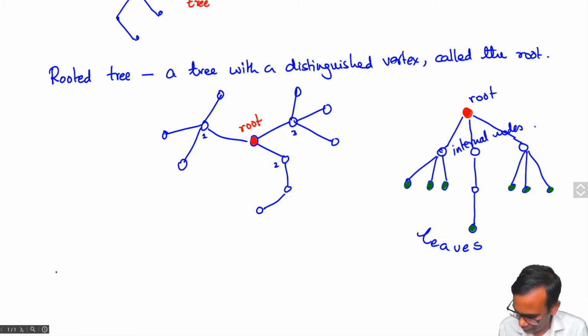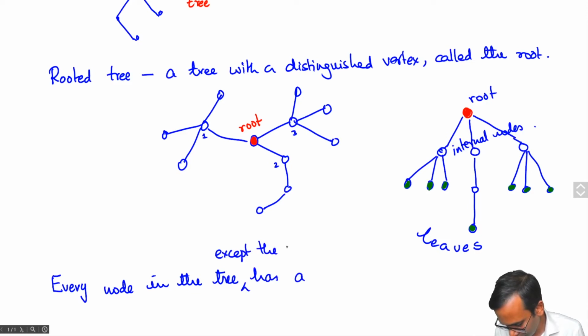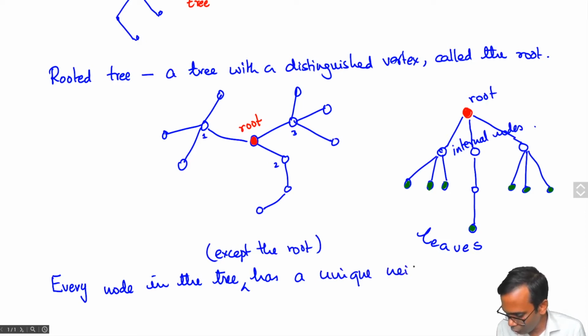So let me just write this down because it'd be important when we're counting. Every node in the tree except the root has a unique neighbor that is closer to the root than itself.